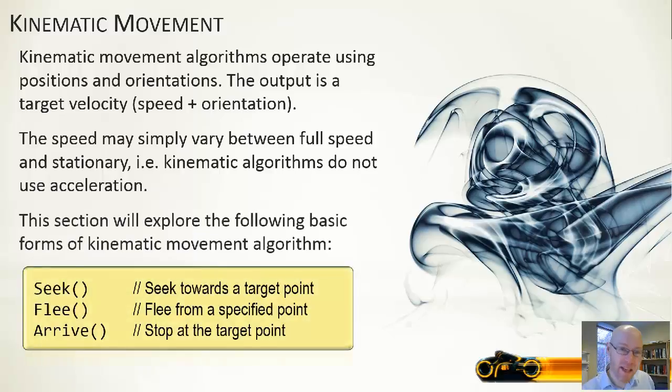We will look at seek, we'll look at flee, and flee is really the opposite of seek, and we'll look at arrive, to give you 3 examples of the types of algorithms that we can embed within kinematic movement. So seek will be moving towards a target point, flee will be moving away from that target point, and arrive will be moving towards some target point, but you want to stop whenever you arrive at or reach that target point.